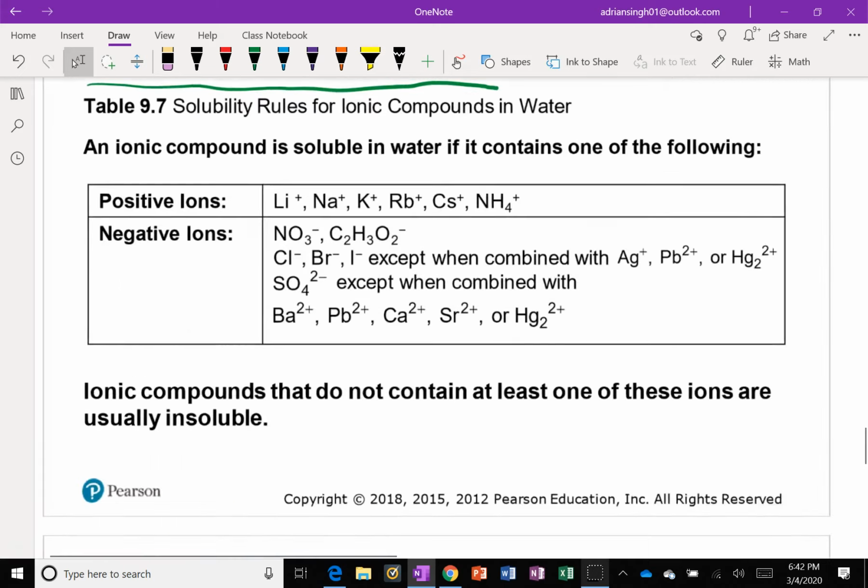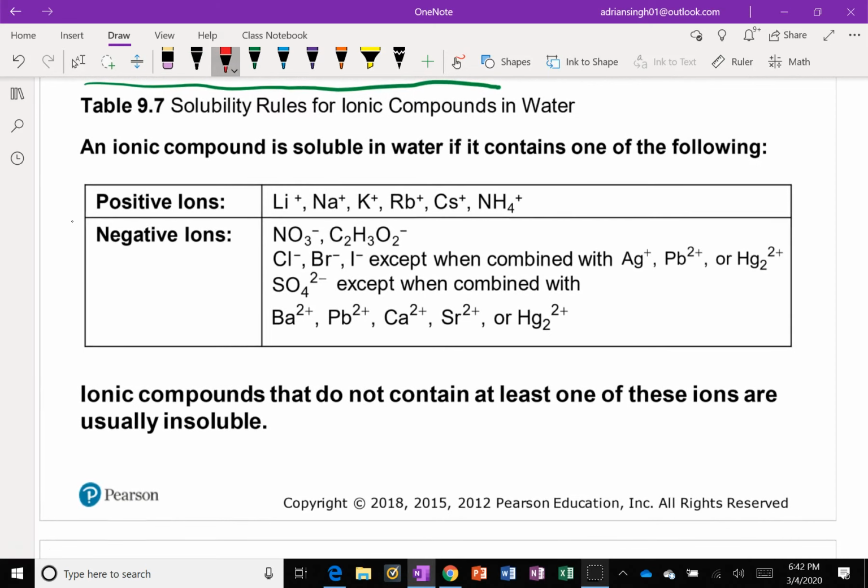Let's take a look at the thing that we focused on a little bit already, sodium chloride. Sodium chloride contains what ions? Sodium, Na+, with a positive charge, and chloride, Cl-, with a negative. All we're doing now is looking for those ions on our table, and if we find them, that tells us the compound is soluble.